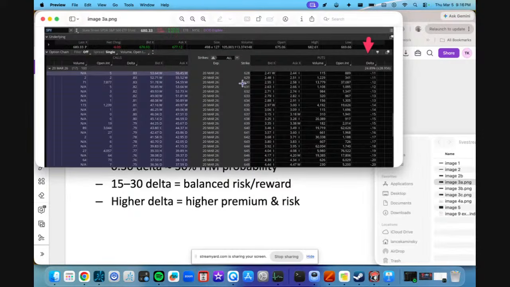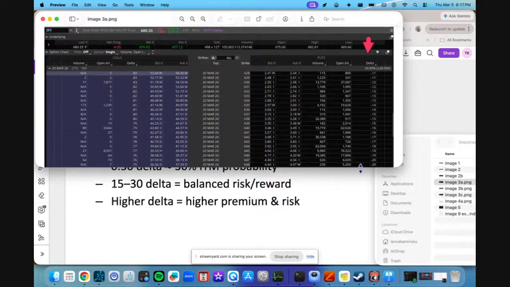And let's say you sold a 630 put, puts are on the right, it would be a 0.12 delta, which means that there's approximately a 12% chance that we would get to the 630 strike price at expiration on March 20th. And if you do the opposite, 100 minus 12, it would be an 88% chance that it wouldn't get there. As you get closer to the current price, let's say you're at 648, that is a 0.2 delta. So again, 20% chance it could get down there.